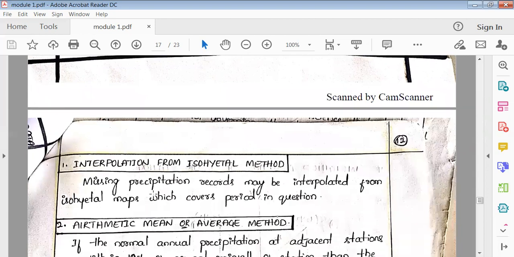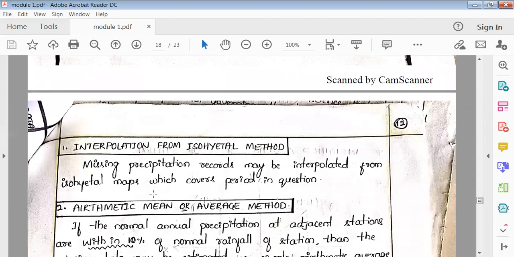Let us take the first one, interpolation from the isohyetal method. This is a simple method. Isohyets are nothing but imaginary lines which have a common rainfall value. If there is any missing precipitation record, it can be interpolated directly from the isohyetal maps which cover the period in question, which we have already studied.